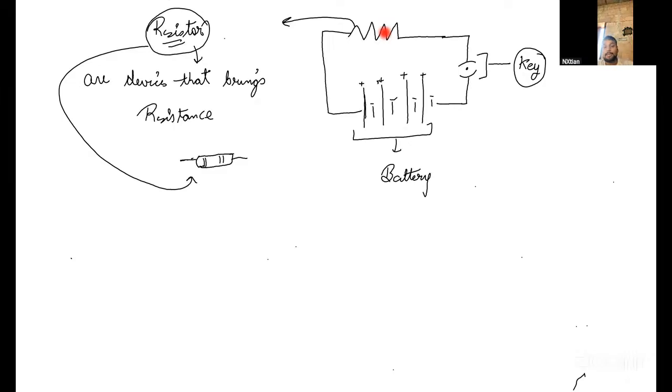If the same electric current goes to the mobile, then the mobile will burn, it will get destroyed in seconds. So we have to resist the electric current because too much current will burn the mobile. So that's why we use it.